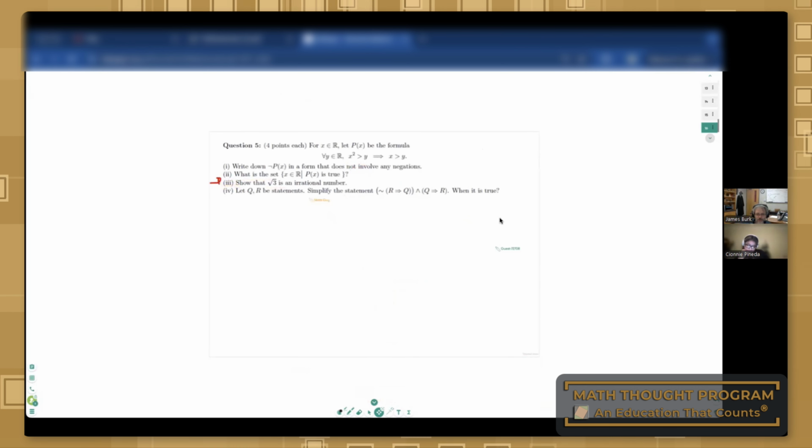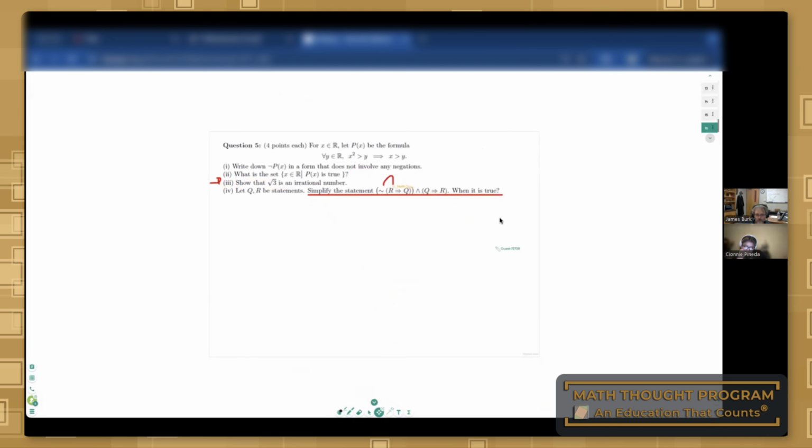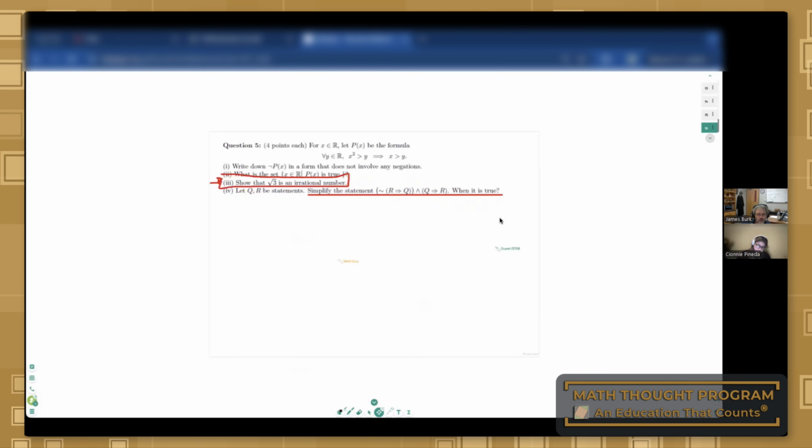We also did part 4, by the way, where you distribute again, turn implications into the material implication, and then crank it out. So let's look at this next time, looking at that proof and showing that root 3 is an irrational number.